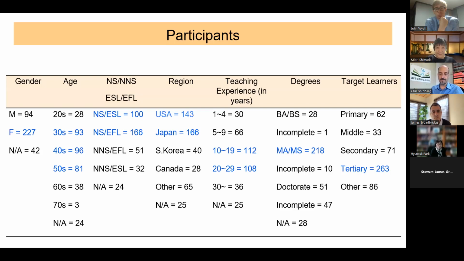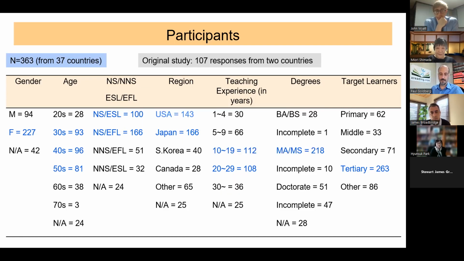Initially, we received 368 responses, but 5 of them were discarded due to being incomplete. So a total of 363 submissions from about 37 countries were analyzed. It was about 3 times more compared to the original study, which had 107 responses from 2 countries, Egypt and the United States.